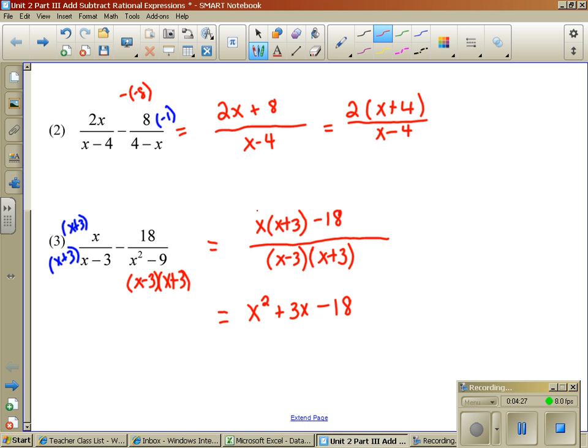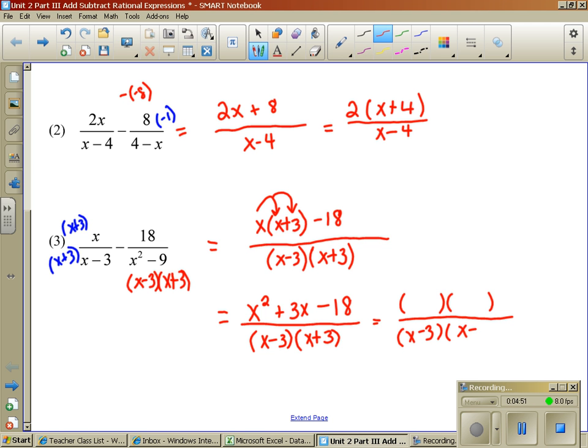So I just distributed the x times x, the x times 3 to get this. We don't have any like terms in the numerator, but it is a quadratic, so we can see if it reverse FOILs. So we need two numbers multiplied, give me negative 18. Added, give me positive 3.